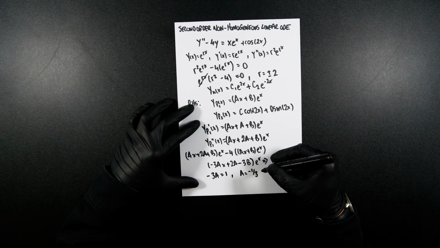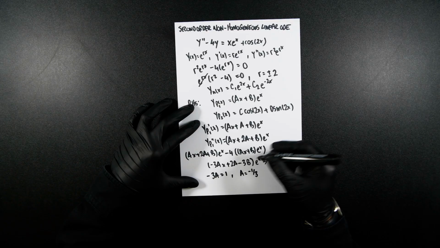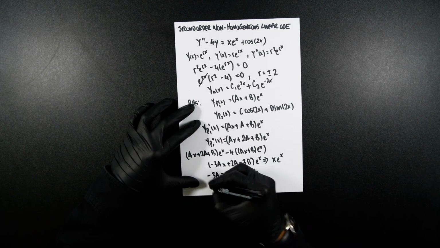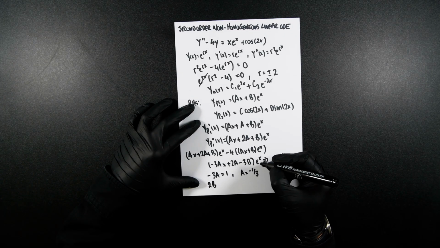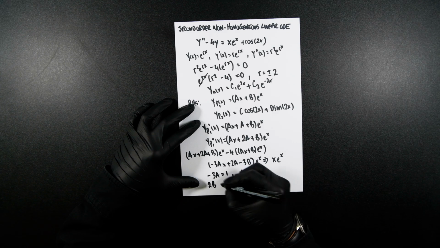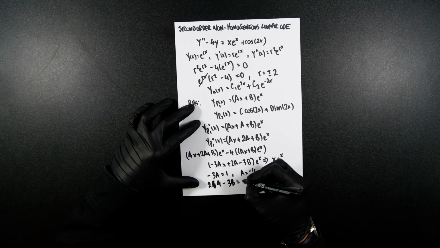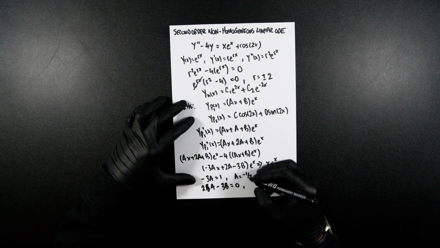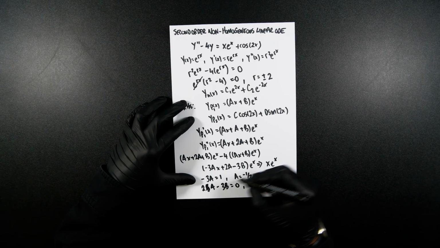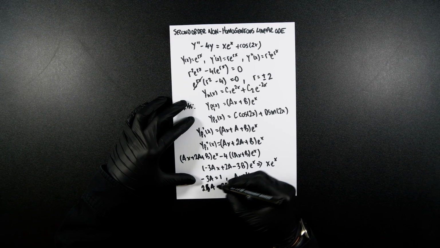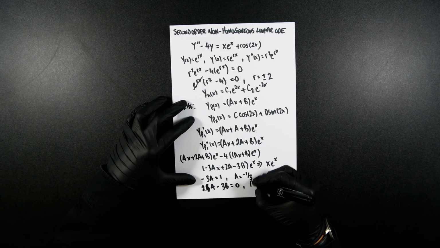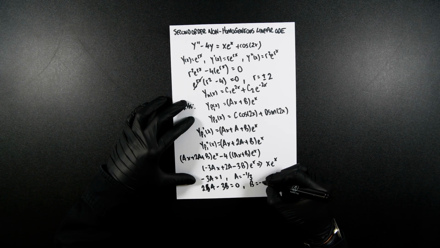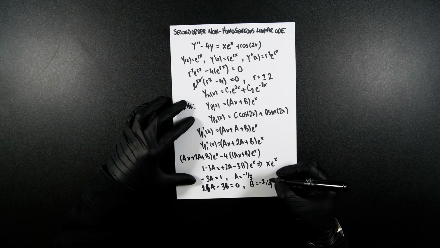And then if we equate anything to do with the b terms, we're going to get 2a minus 3b equals 0. If we now know our a term, we can substitute this in here and rearrange to find that b is going to equal minus 2 over 9.